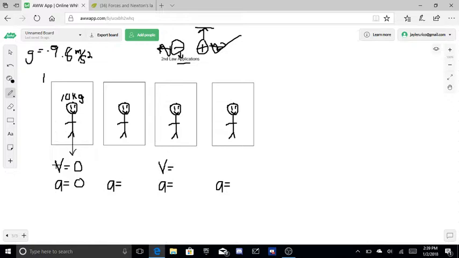So, right now, we could find the force of gravity that's pointing downward. We could find this force by F is equal to, not times, m a.